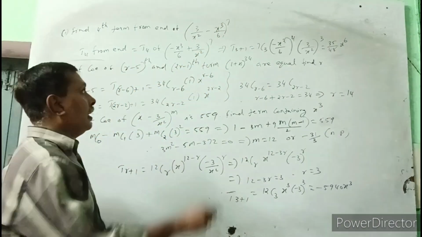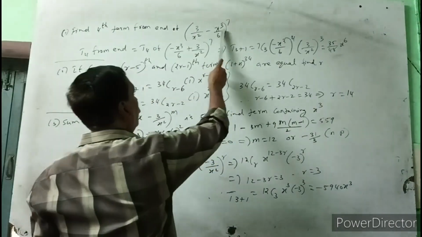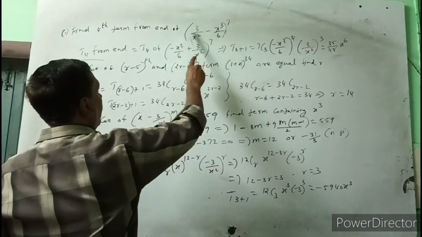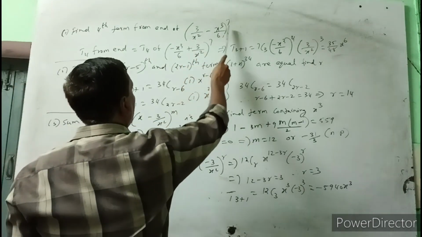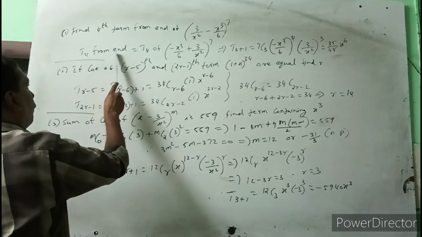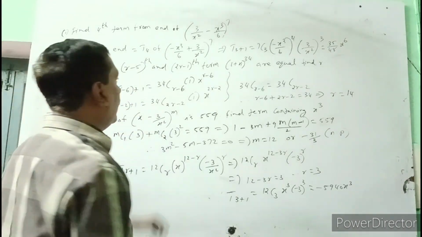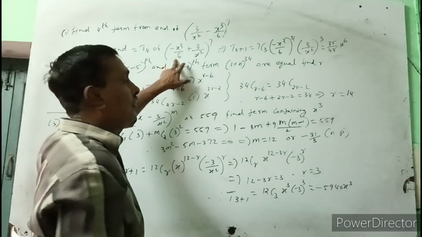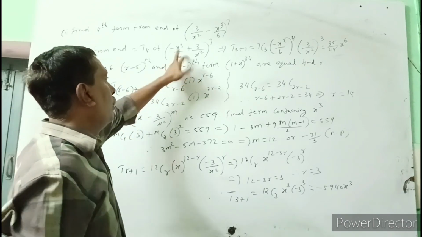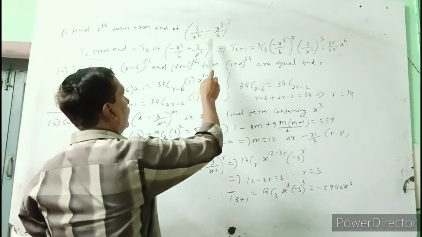So, if I want the term from the end, you reverse it and expand. Take the second term as first and the first term as second, because this itself is the same as this one. Now, instead of finding T4 from the end, you find the T4 of this reversed expression.